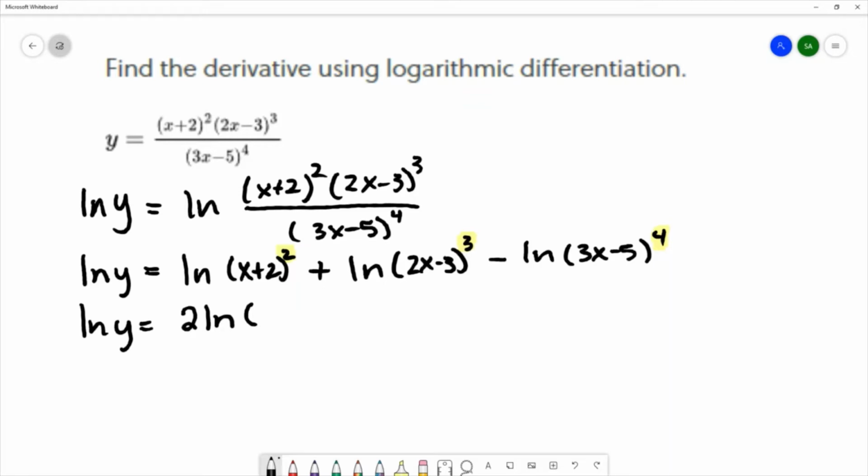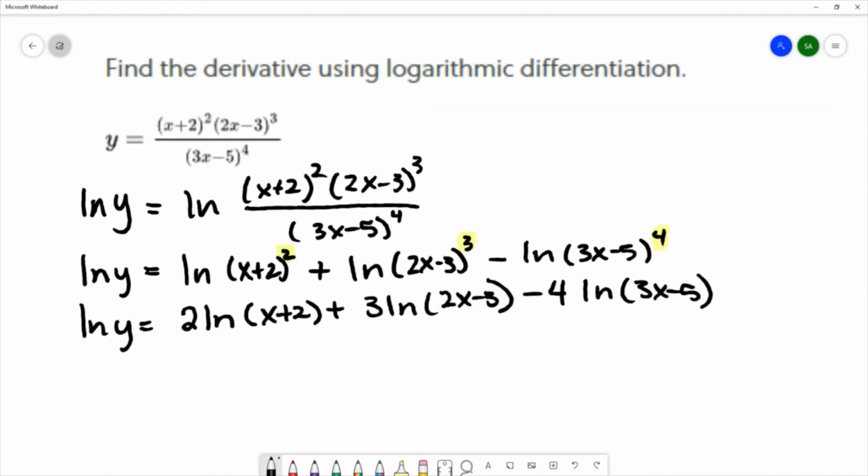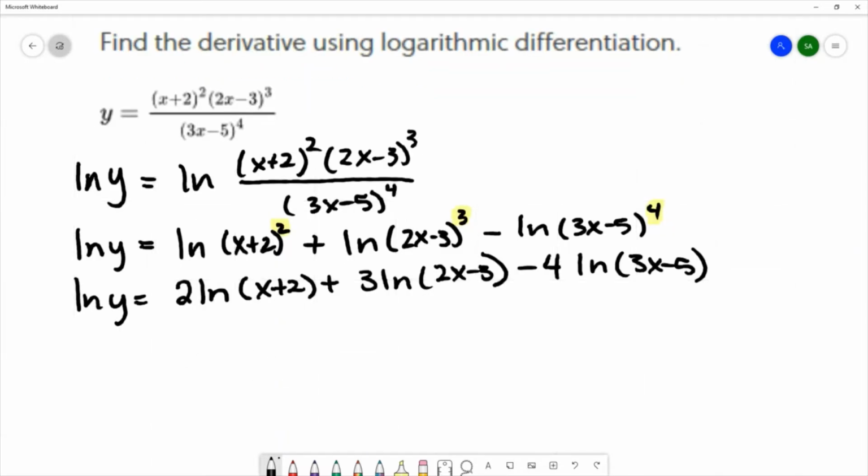So that becomes 2 natural log of x plus 2 plus 3 natural log of 2x minus 3 minus 4 natural log of 3x minus 5. So now I've rewritten this expression. It no longer has a product or a quotient, so calculating the derivative will go a whole lot smoother.